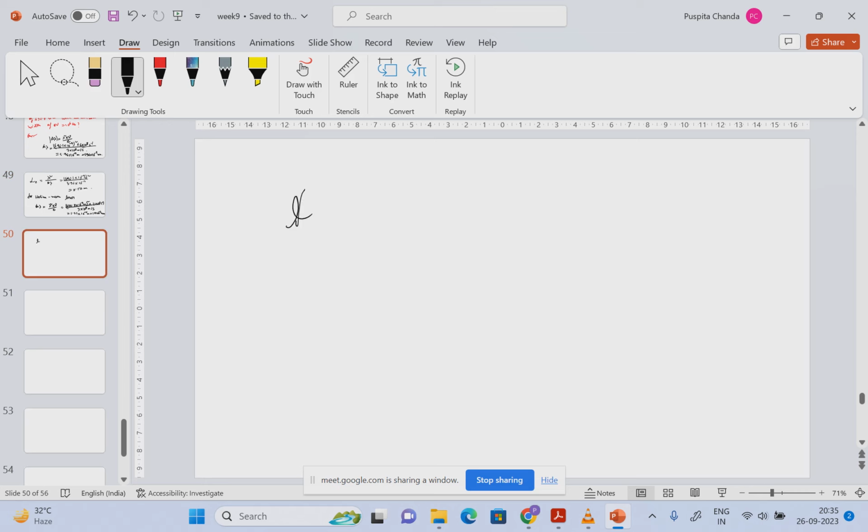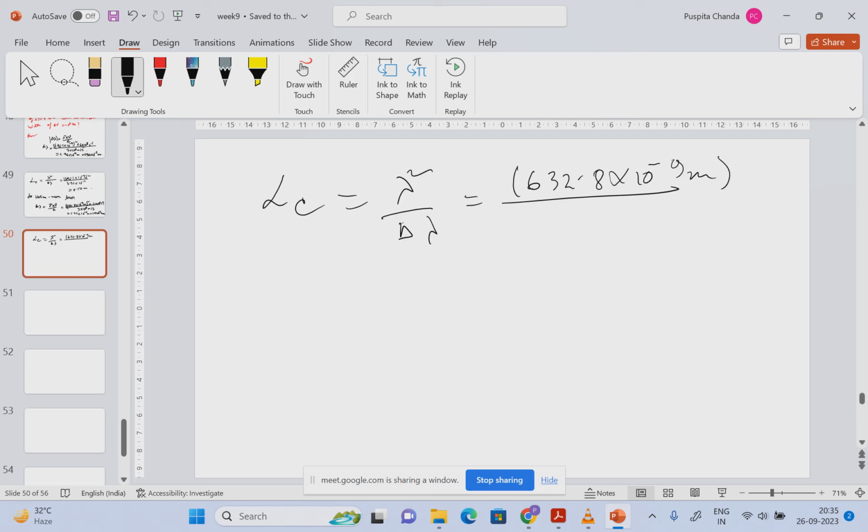So temporal coherence length will be equal to lambda square by delta lambda, 632.8 into 10 to the power minus 9 meter whole square over 1.33 into 10 to the power minus 15 meter, just 301.